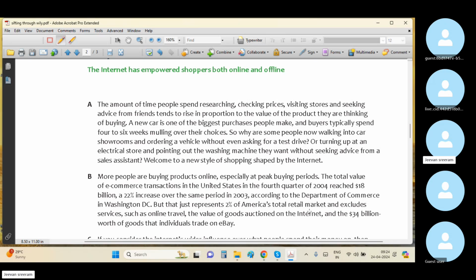I have already given sufficient time before we start discussing the basic approach. So once again, please check the passage. Underline the keywords. You have to underline the keywords also.